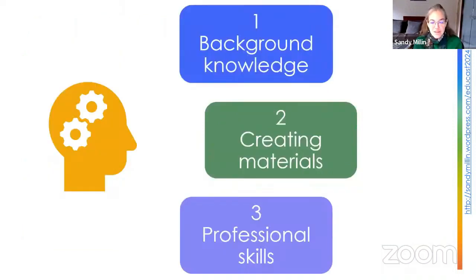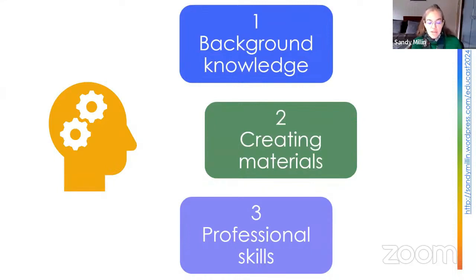Okay, so my framework has 3 sections. Section 1 is all about your background knowledge: what knowledge is it useful to develop to be able to write better quality materials? To some extent, a lot of that is teaching knowledge, but some of it is specific to materials writing. Section 2 is about actually creating the materials themselves: what do you need to put together the materials?